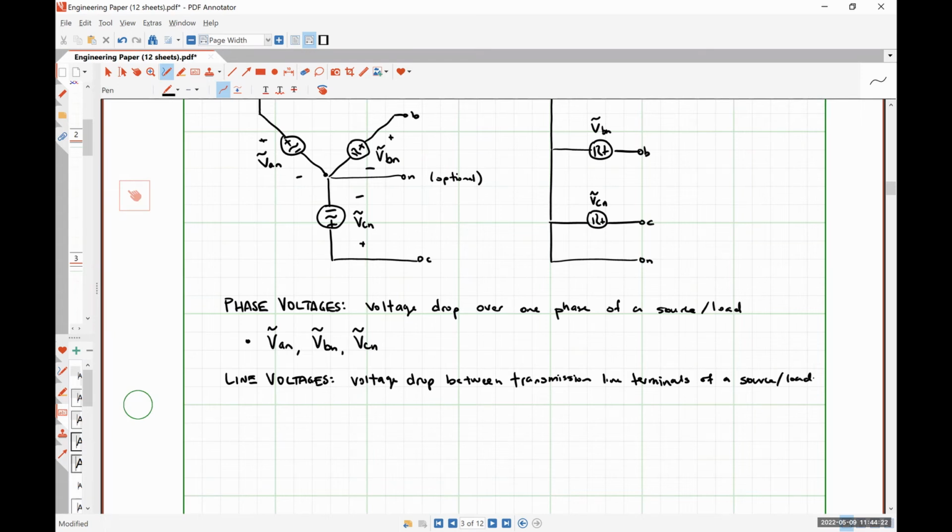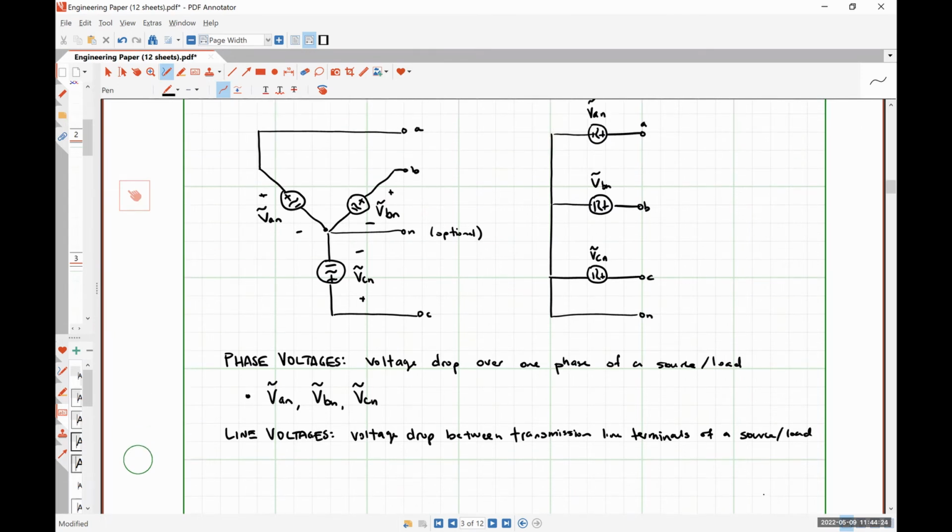So if we measured the potential difference between transmission line terminal A and transmission line terminal B, we would have a line voltage. If we measure it between A and N, we have a phase voltage.